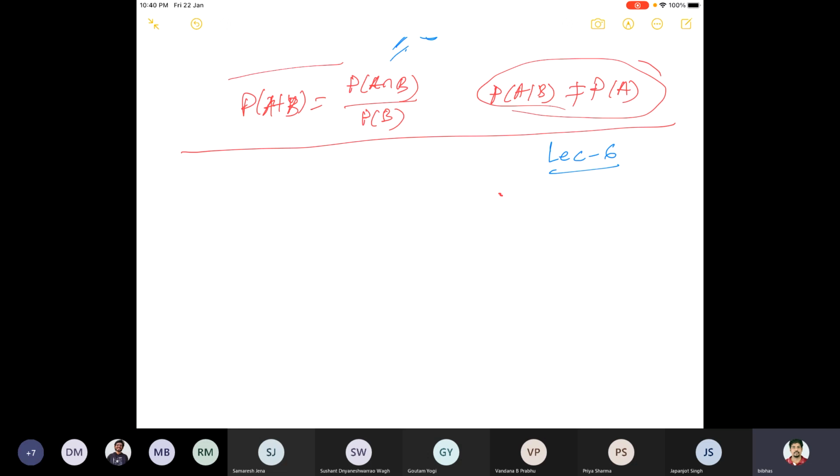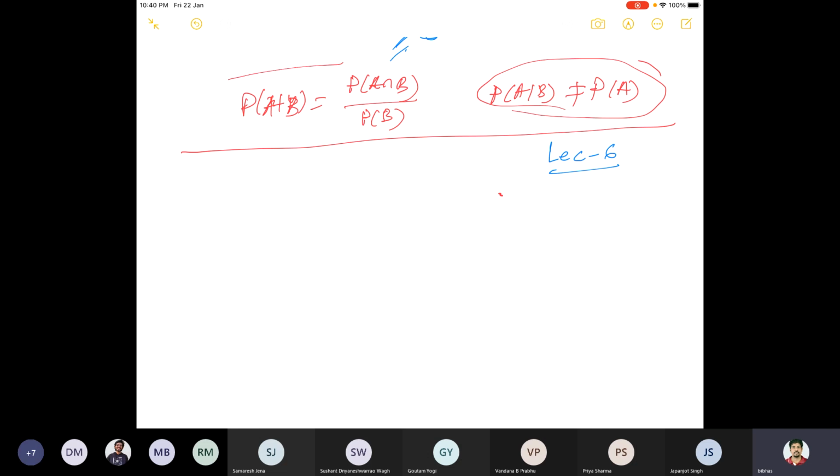So basically, when we started this course, I talked about a model of a digital communication system. In fact, I gave you a block diagram of a communication system.